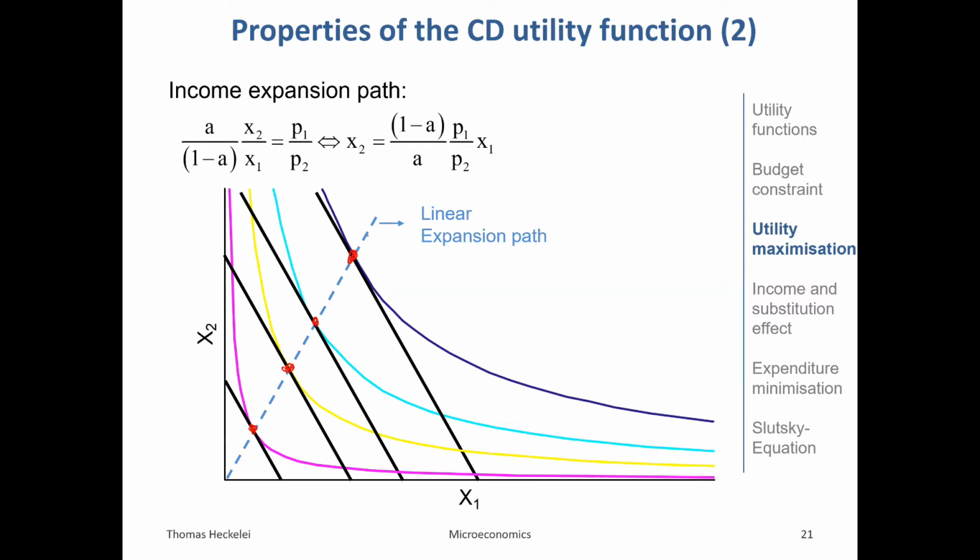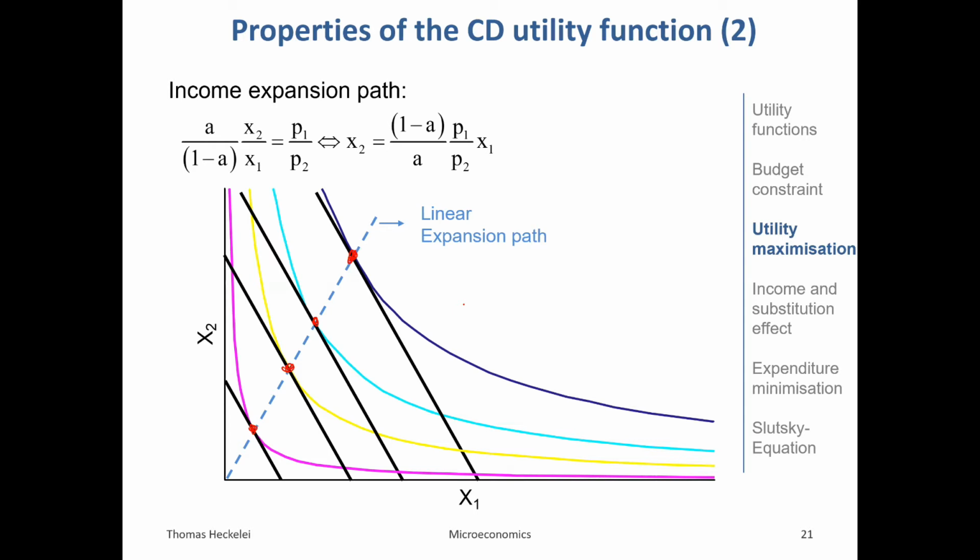This is called the income expansion path. In the case of the Cobb-Douglas utility, it is a linear path, so it's not a curve. But in many other cases, it is a curve.